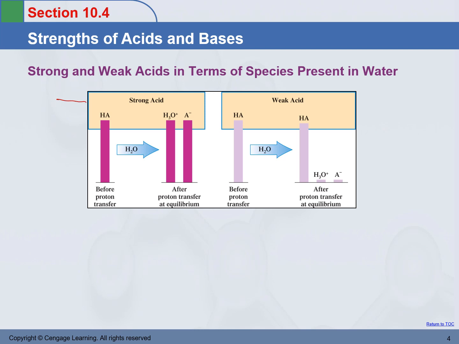On the left, it is a strong acid. When you dissolve a strong acid in water, the molecules basically disappeared. They are all ionized. They all become hydronium ion and the conjugate base of the strong acid.